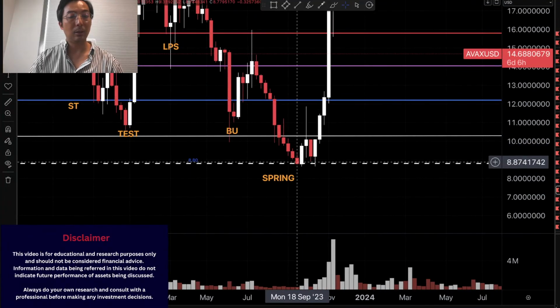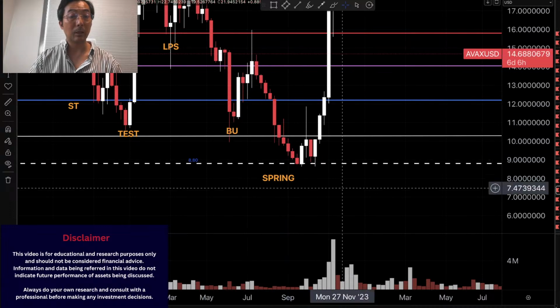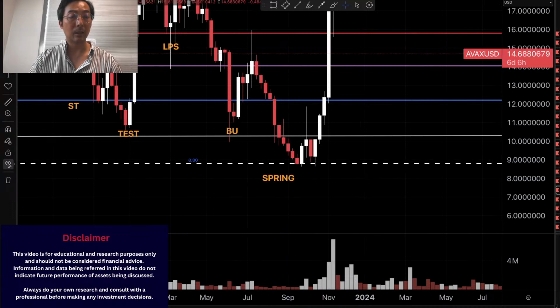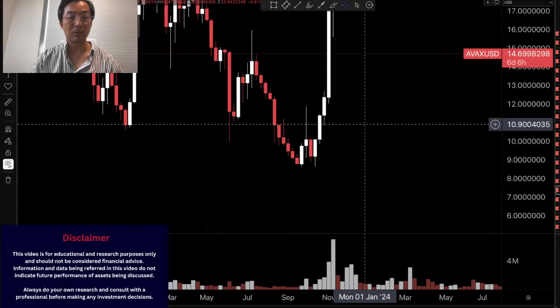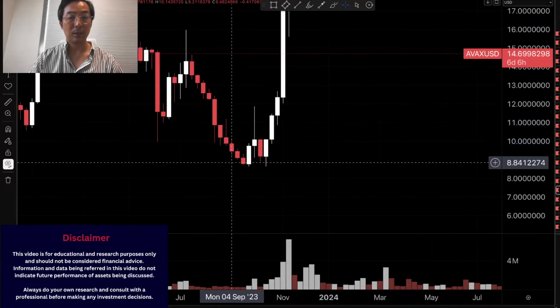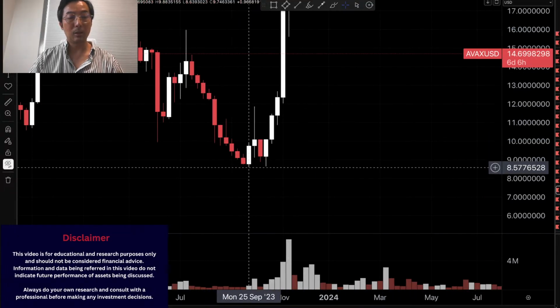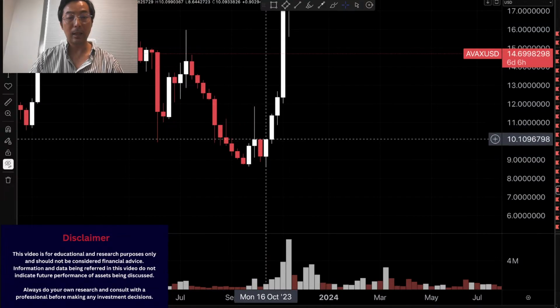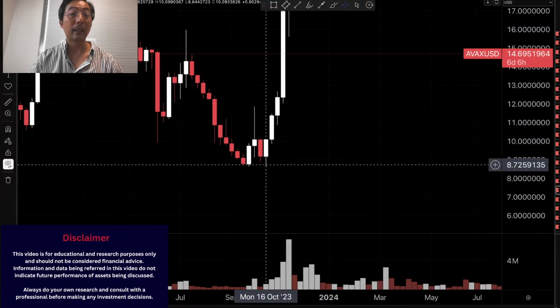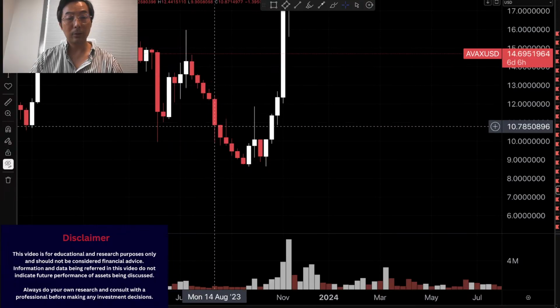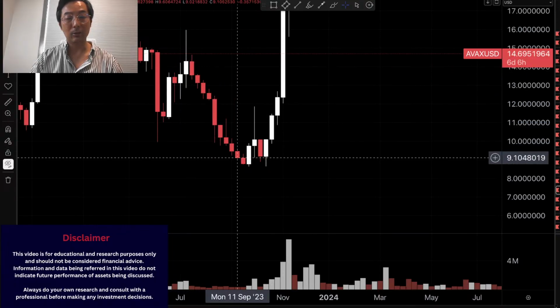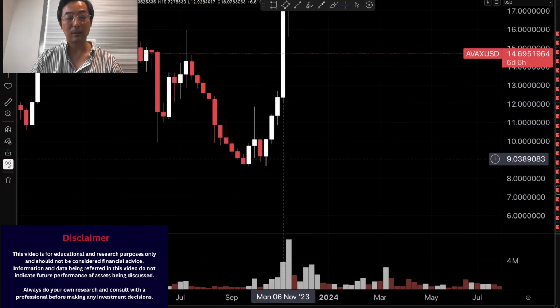It reached the lowest point. Forget about the lines. Let me get rid of the lines so it's not going to confuse you. What I'm saying is it reached the lowest point, traded sideways for 4 weeks, and then it climbed.